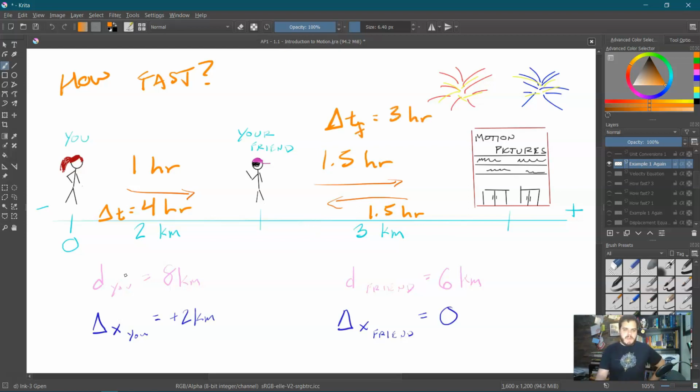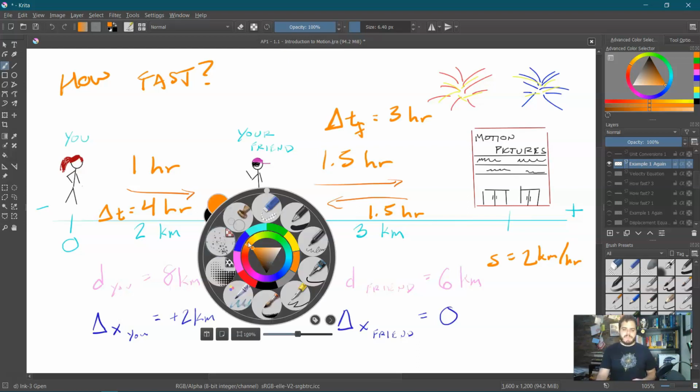So if this is the case, you moved a distance of 8, so your speed would be 8 divided by 4, which is 2 kilometers per hour. Pretty simple. And your friend moved 6 kilometers in 3 hours, so 6 divided by 3 would also be 2 kilometers per hour. And that makes sense because you're able to walk side by side in the later part of the journey.